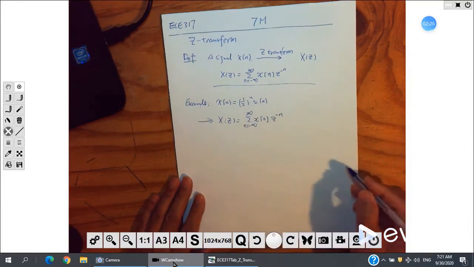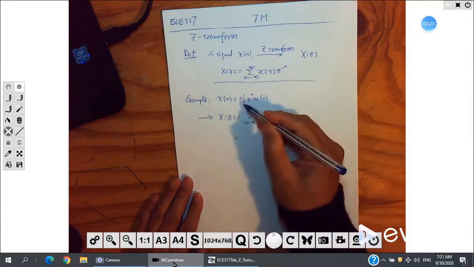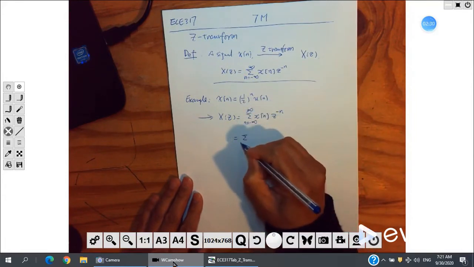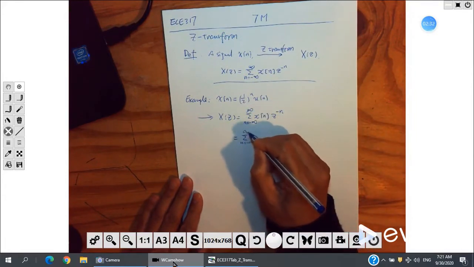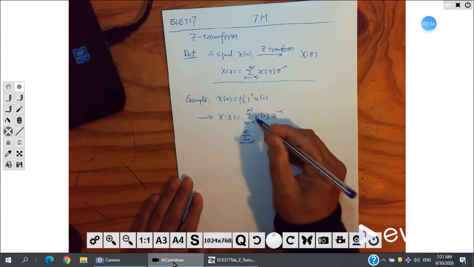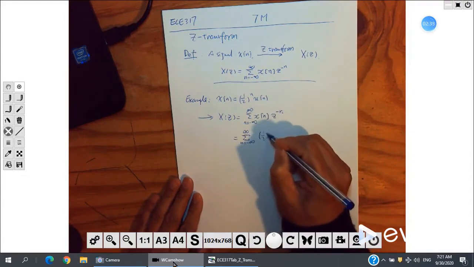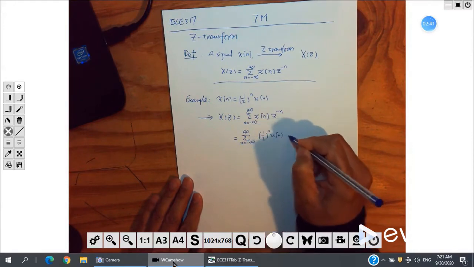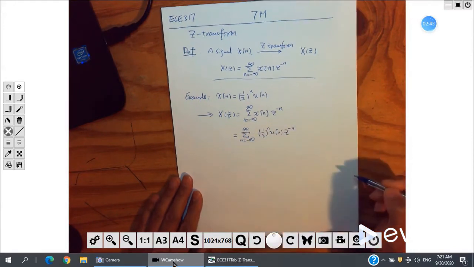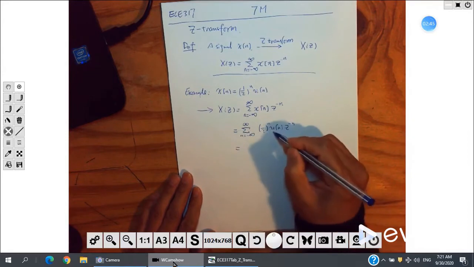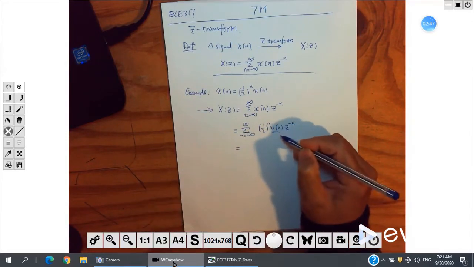This is the definition. Now let me plug in the values. The summation part is totally the same, I just copy it, and x will be 1/2 to the n times u of n times z to negative n. Alright, we know u of n will be 1 or 0.